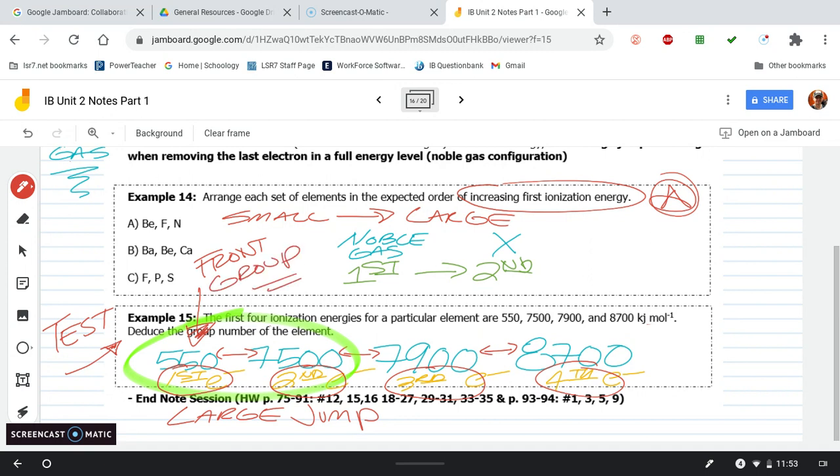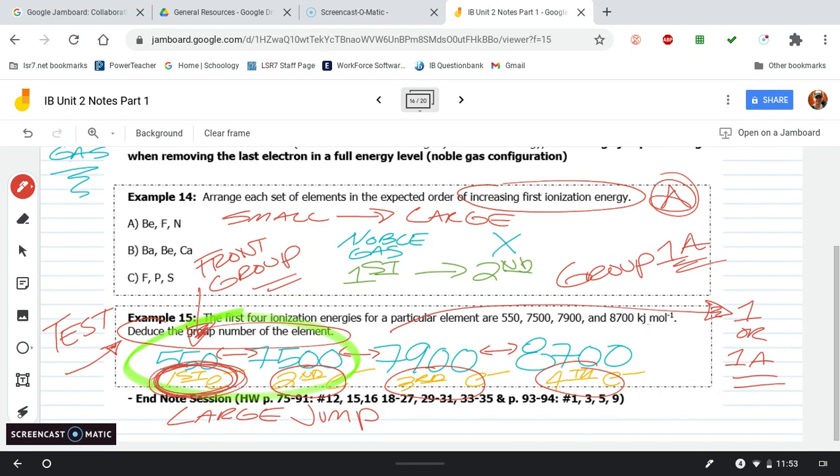Okay, so this had to come from something in the first group, or group 1, or group 1A, and so this had to be something like sodium, lithium, potassium, etc. So it says deduce the group number of the element. The group number would be 1 or 1A.